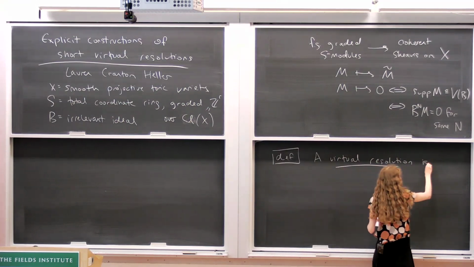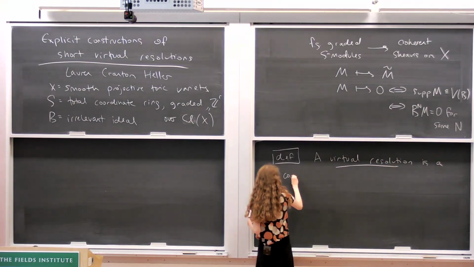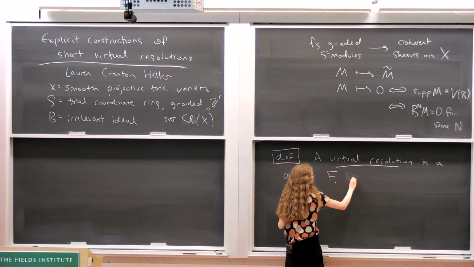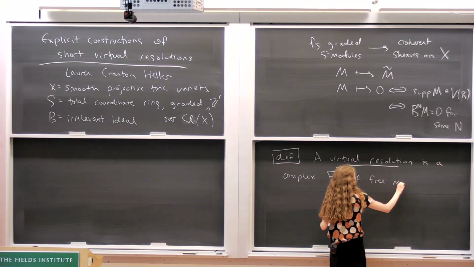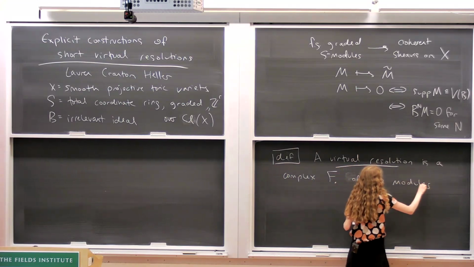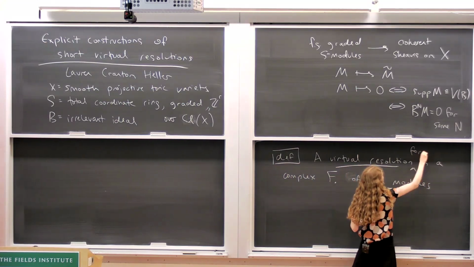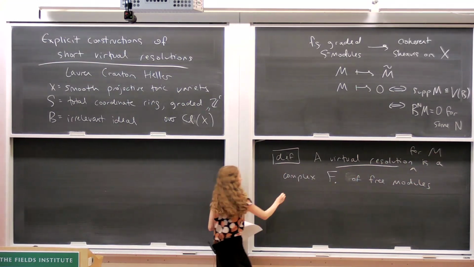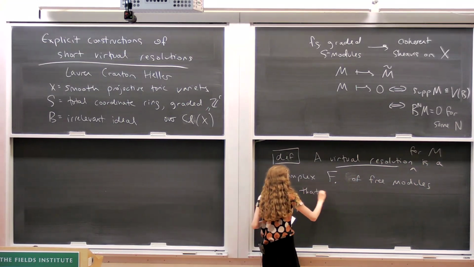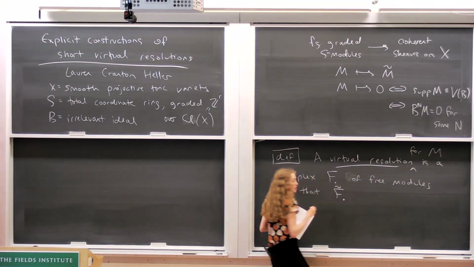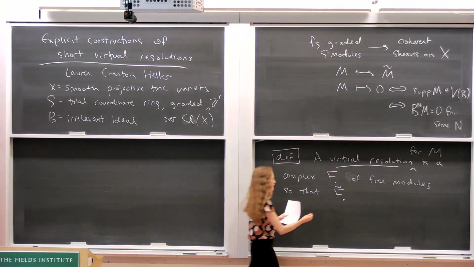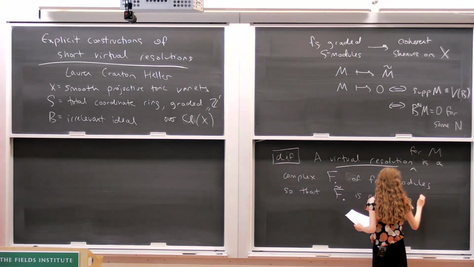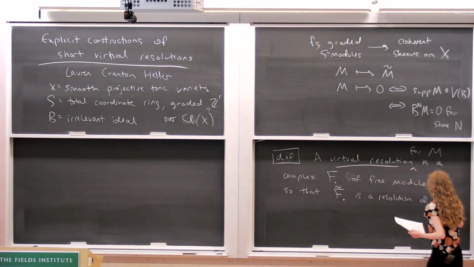So a virtual resolution for M is going to be a complex of free modules so that when you take the associated sheaves term by term, that is a resolution of M tilde.